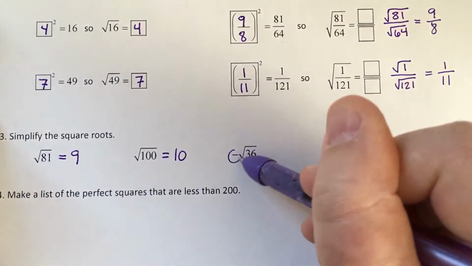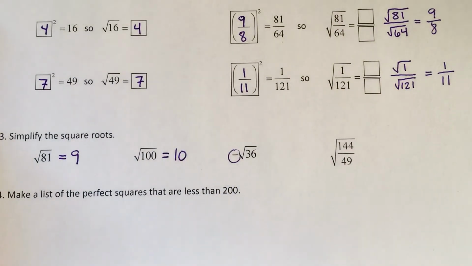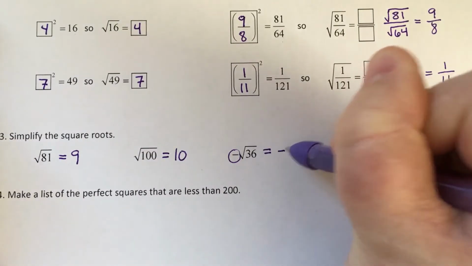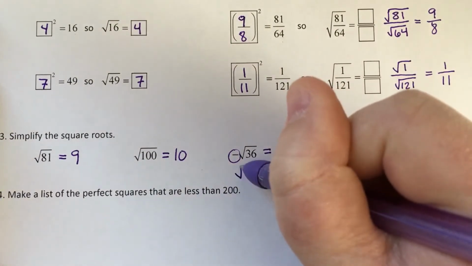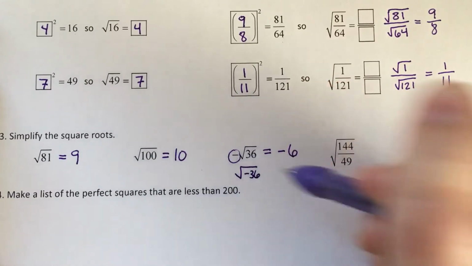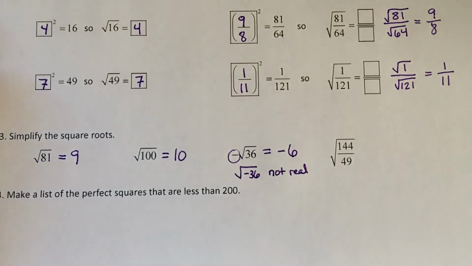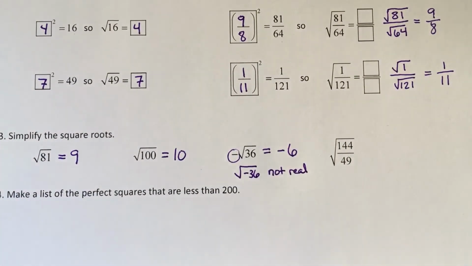Now this one is just slightly different because it has a negative on the outside. As long as the negative's on the outside of the square root, that's fine. But as soon as we move a negative inside the square root, then that's not a real number. We will learn about imaginary numbers in the next section, but for right now, we're just going to call that not real.